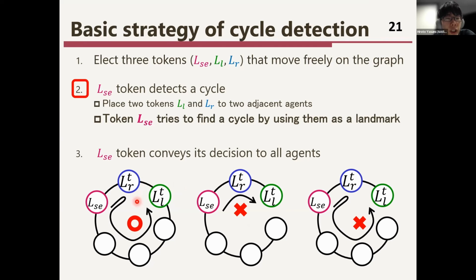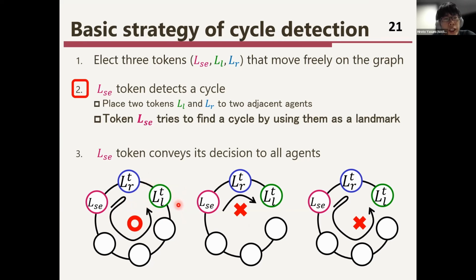This figure shows such cycle detection behaviors. First, LSE token tries to look at LTR token, and then LSE token tries to find LTL token without passing through the landmark.